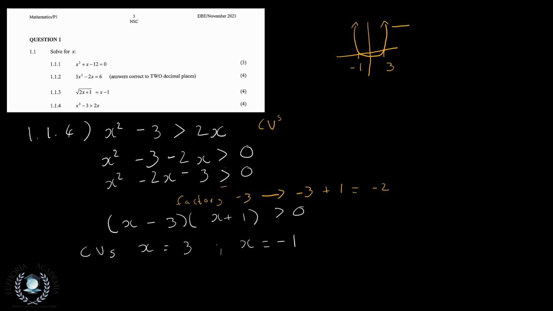So that means they're more than our critical values, so they're going to be either to the left or to the right of this parabolic function. So that means ultimately our answer to this is going to be either x is greater than 3 or x is smaller than -1, because that's going to give us the values to the left.